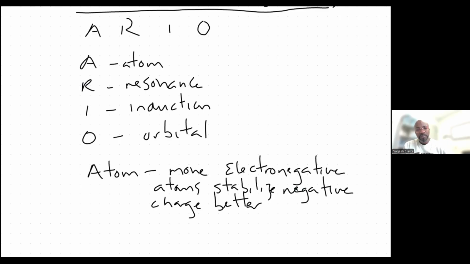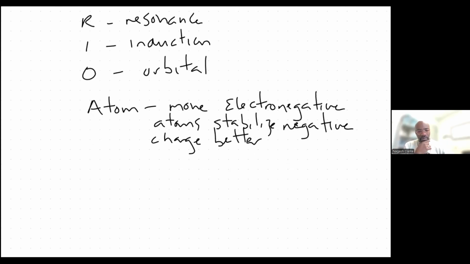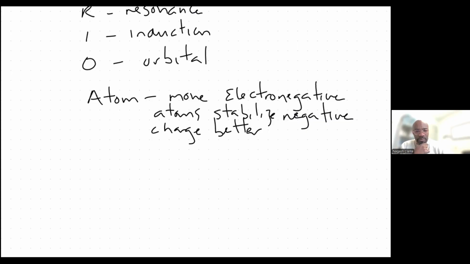So for example, if I'm comparing this, an amine, related to ammonia, to ethanol, which is an example of an alcohol. So these are my acids.